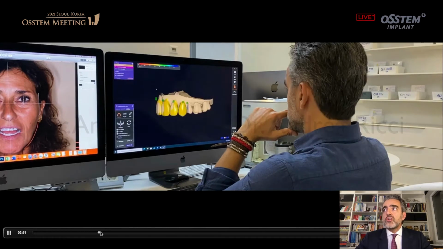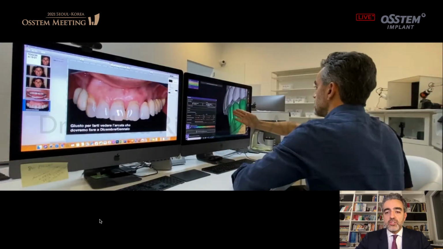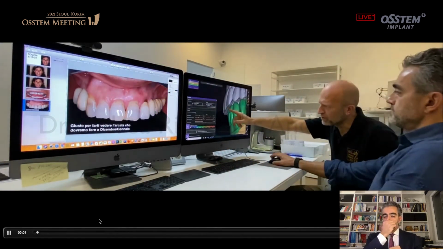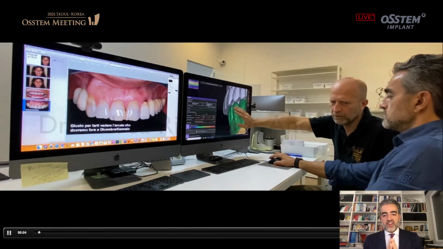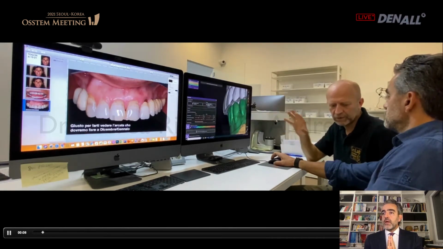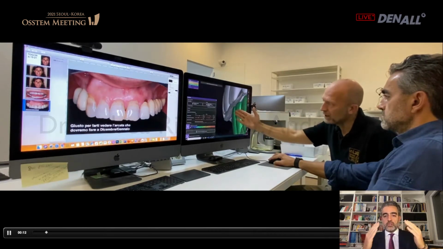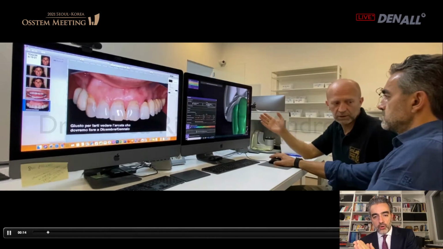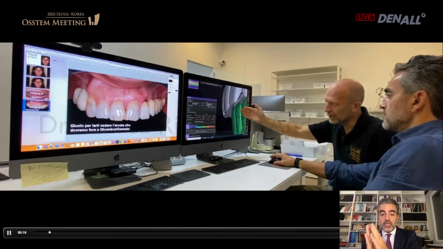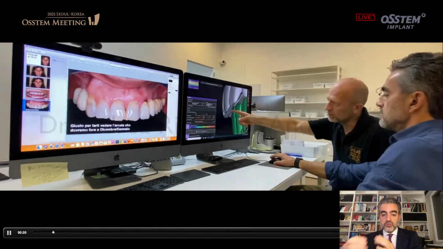Okay, so digital technology in this case allows me to be very, very fast, and not only that, but it allows me to discuss with the technician my treatment plan, my function, my dental materials, and the amount of tooth reduction that I have to perform in order to match the color shade, the restorative thickness, and the color of the substrate of the tooth.